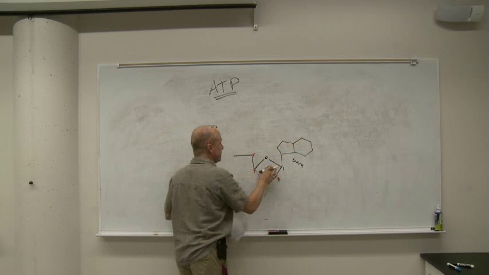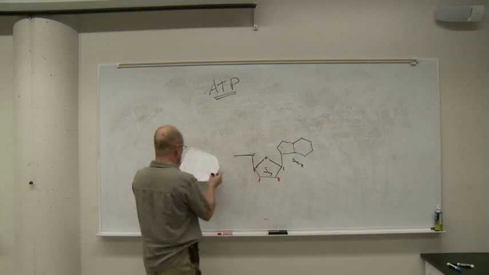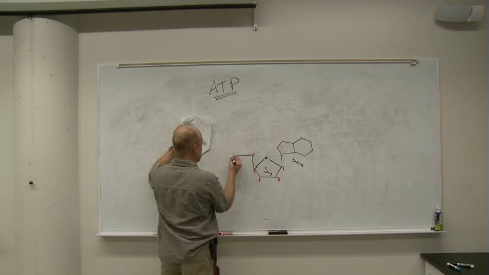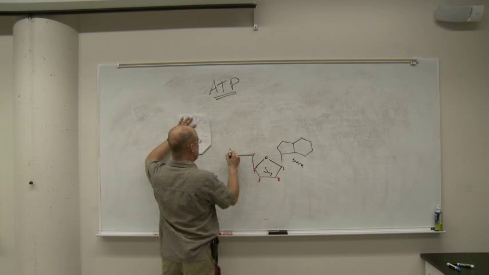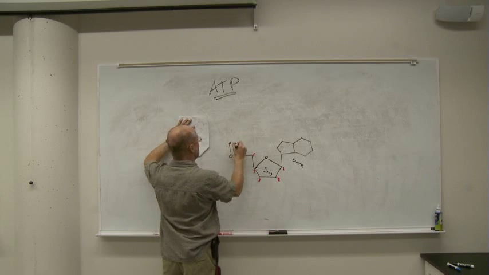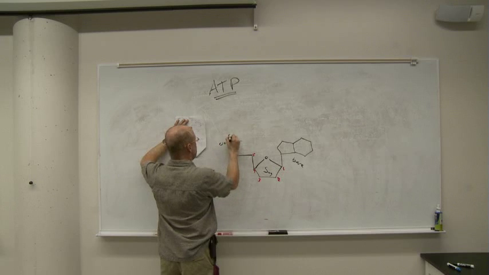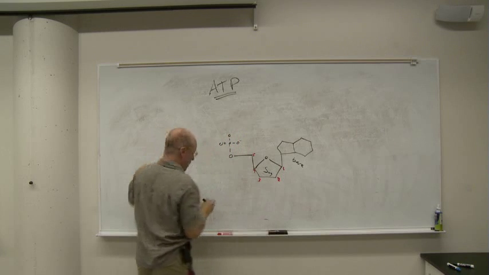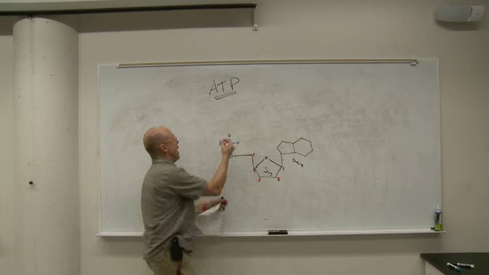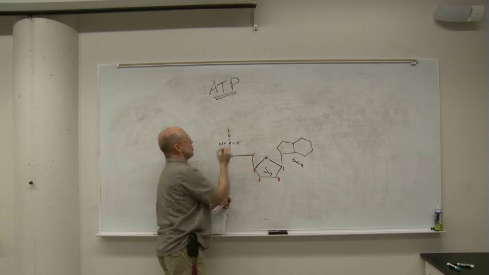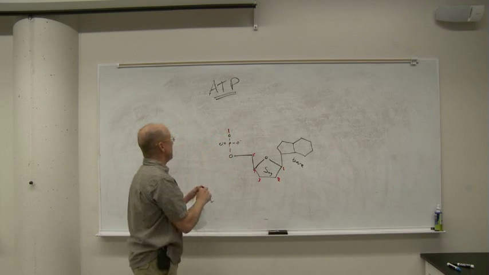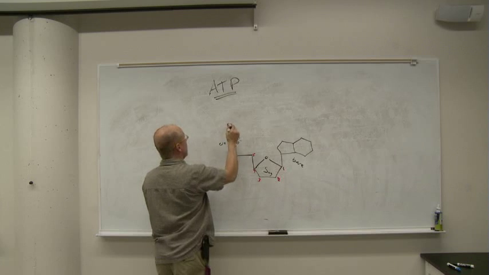So, here's our base, here's our sugar, and now comes the fun part. Let's draw our phosphates, structurally, however. Oxygen, phosphorus, oxygen, minus charge, double bond oxygen, boom. And then, keep your color handy. I am going to draw one of my covalent bonds here, red.